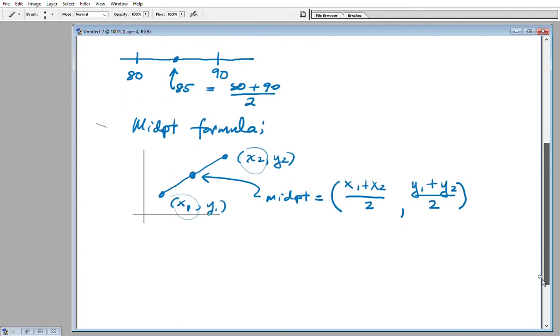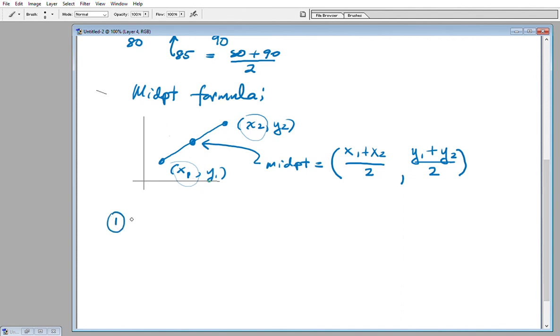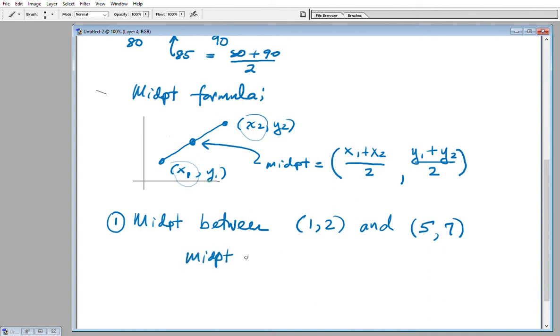It's a pretty simple formula. Let's just do a simple example. Midpoint between 1, 2, and let's say 5, 7. Remember, it's a point, so always do this first. Start like this, divide by 2, divide by 2. Fill in that blank pair of numbers like that.